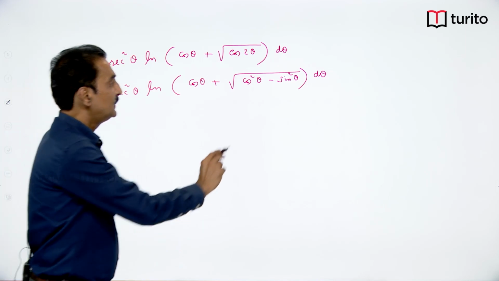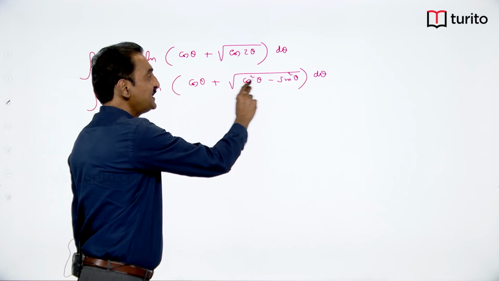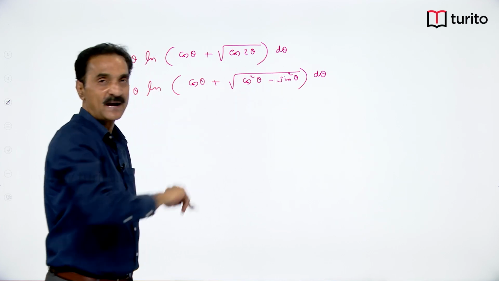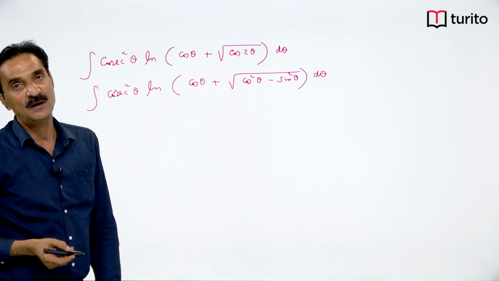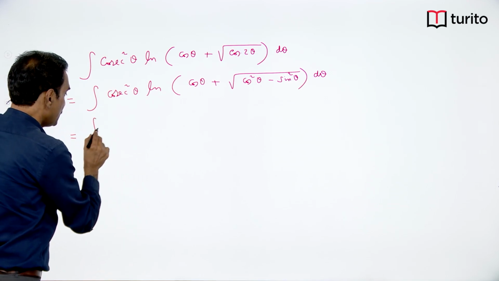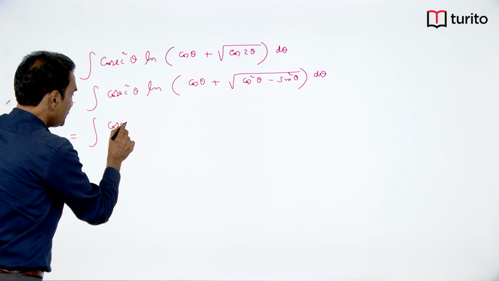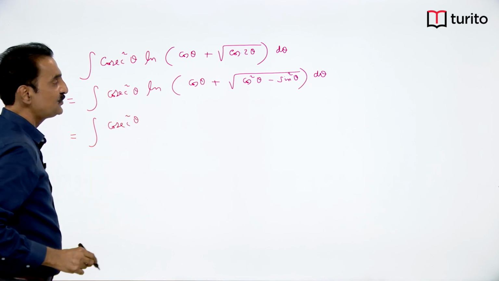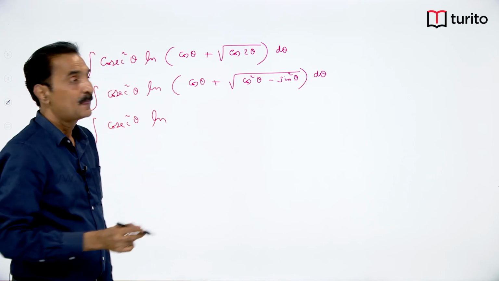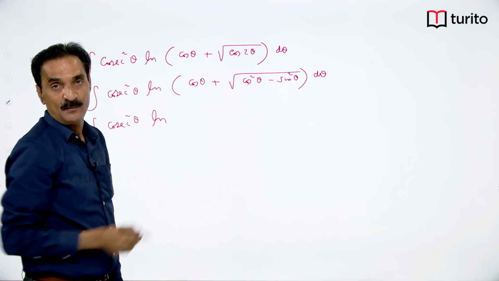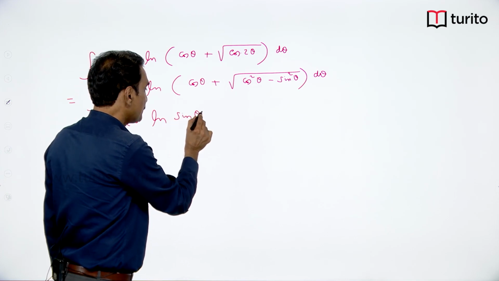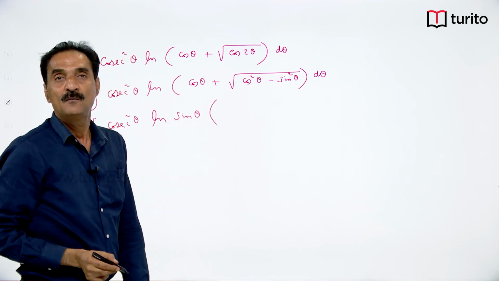Now I will take sin theta common from the whole bracket. Then integral cosecant square theta into ln of, if you take sin theta common, ln sin theta into, what will you get here?